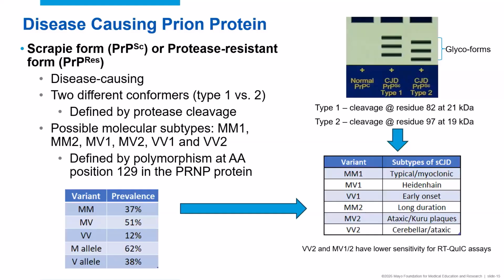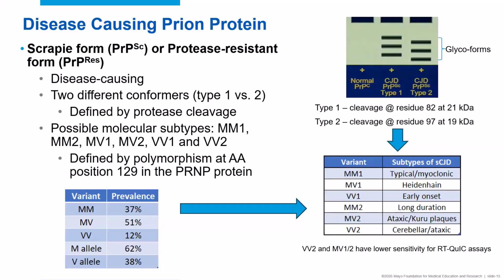The prion protein actually has a couple of different critical polymorphisms, and depending on the molecular subtype of the protein, the patients may present with a unique presentation. Not only that, the prion protein is glycosylated, so there are different glycoforms.